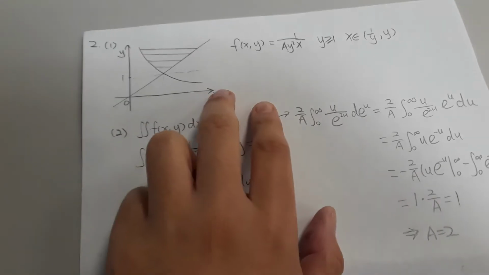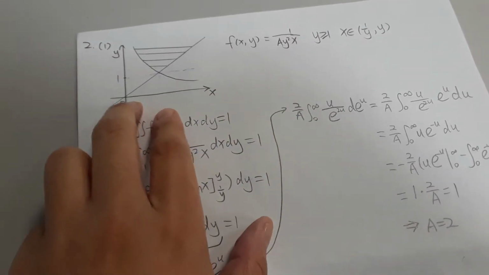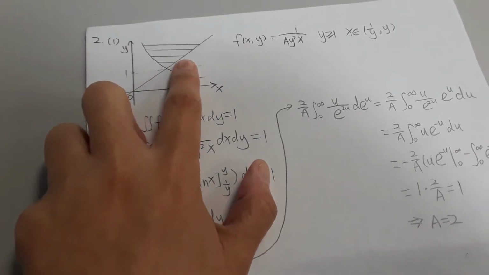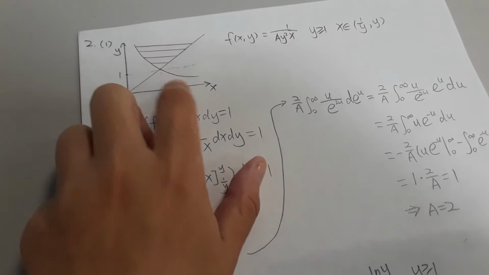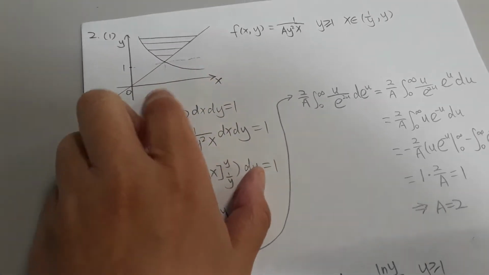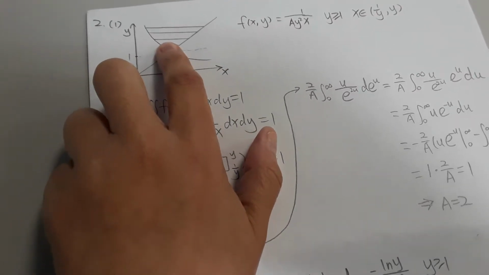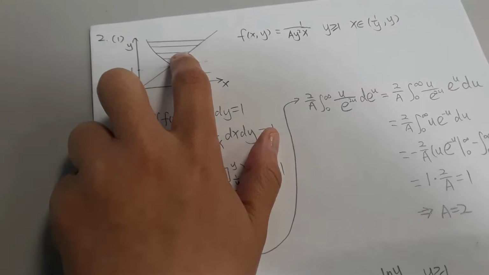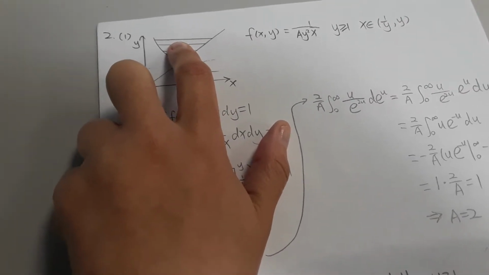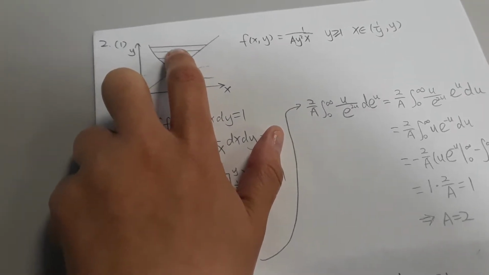Then we have two more baselines: one is y equals 1 divided by x, and the other one is y equals x. The intersection of these three lines is the definition region of f(x,y).